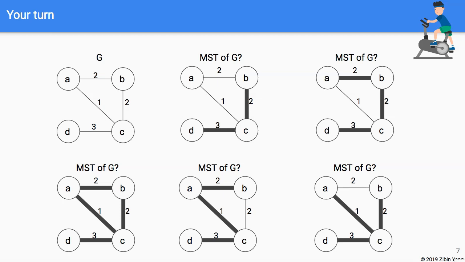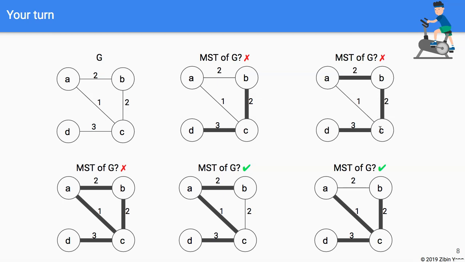All right, so hopefully you've done that. Let's go through the answers together. The first one, are these two edges the minimum spanning tree? Well, not quite, because these two edges do not connect the vertex A, so it's not spanning. Okay, what about this one? Is it the minimum spanning tree?